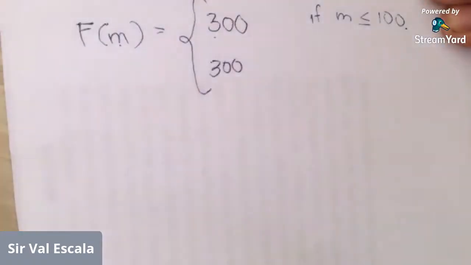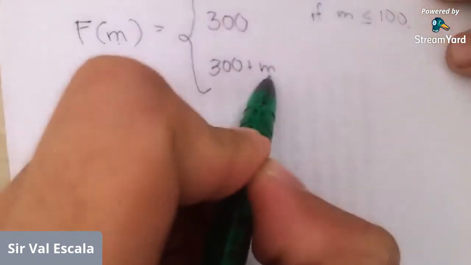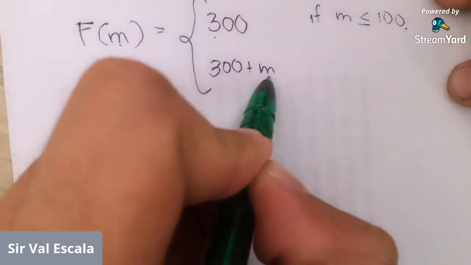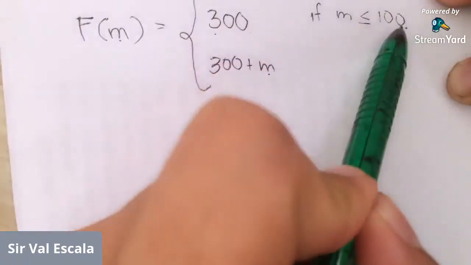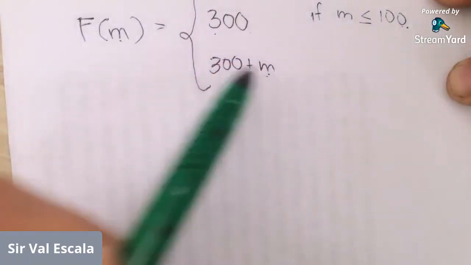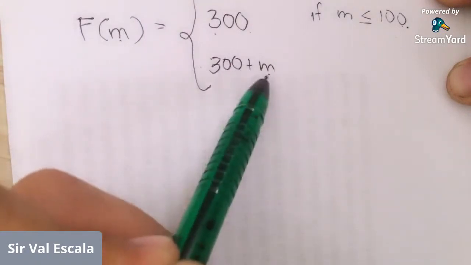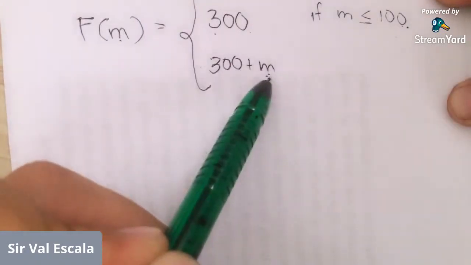So 300 plus yung excess na message. Kasi plus 1 peso, di ba? Per message, or per message na excess. Kapag naging 101 yan, ang excess natin ay 1. So, 300 plus 1 equals 301. So, yun yung ating magiging cost kapag nagsobra tayo ng piso.